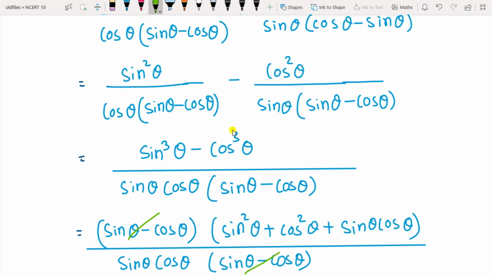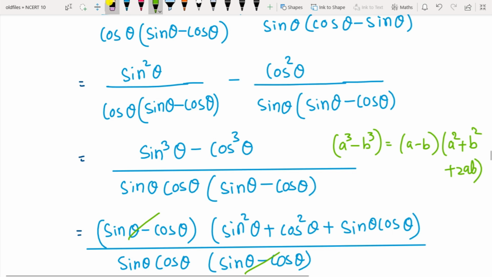The formula for the cube we are using here, that is a cube minus b cube is equal to (a minus b) multiplied by the bracket (a square plus b square plus ab). This is the expansion we have studied earlier and are using for this term. So this is (a minus b)(a square plus b square plus ab), sorry, plus ab it is, not 2ab, it is ab.